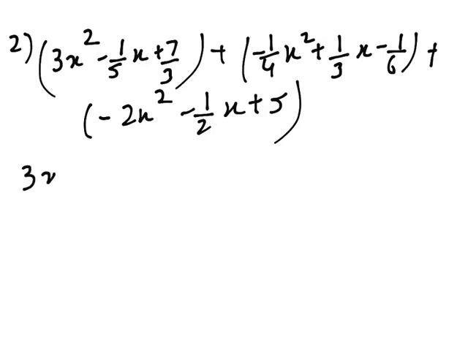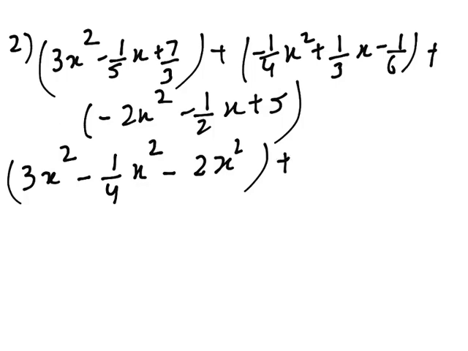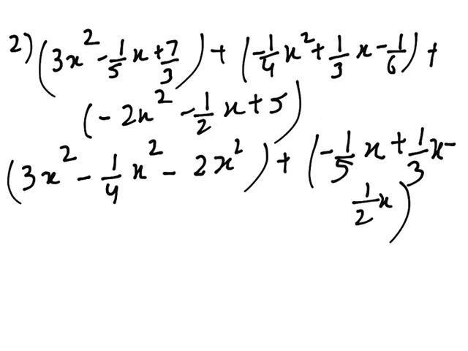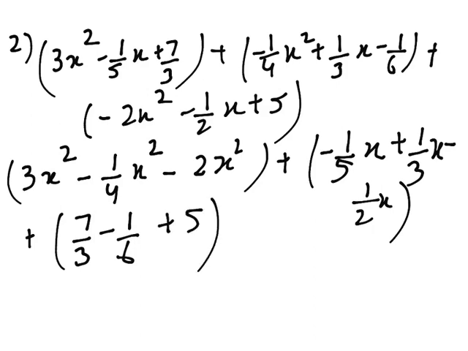Here we have 3x square minus 1 by 4 x square minus 2x square, then minus 1 by 5 x, 1 by 3x and 1 by 2 x. Next we have 7 by 3, 1 by 6 and then 5. Fine. So how will we add this?